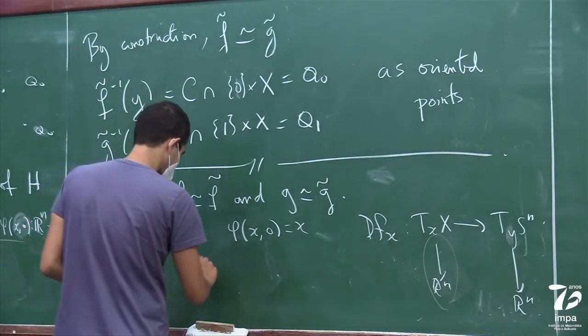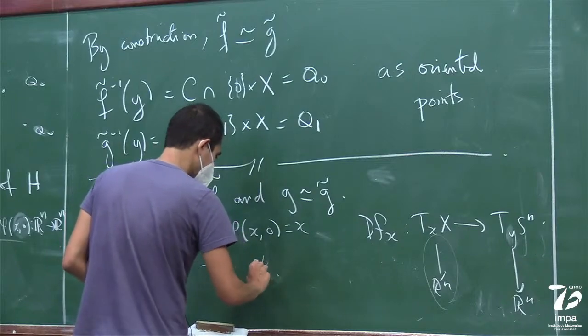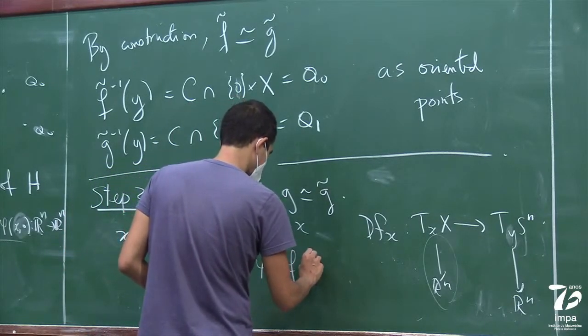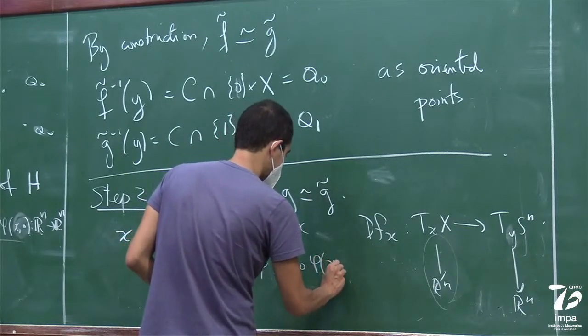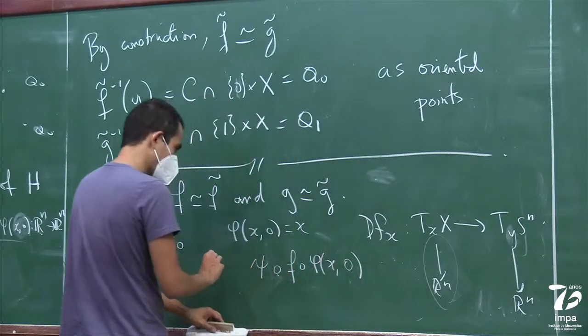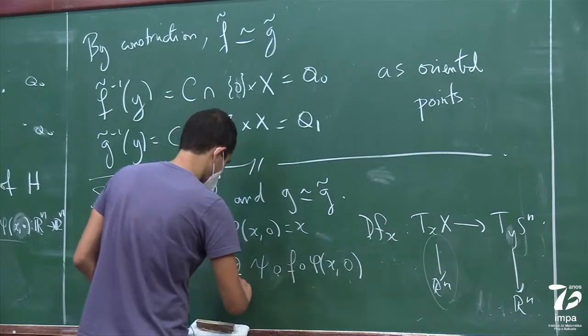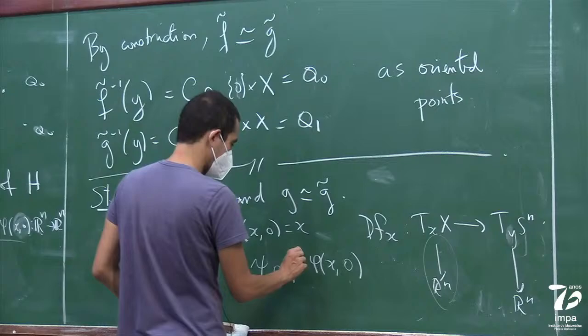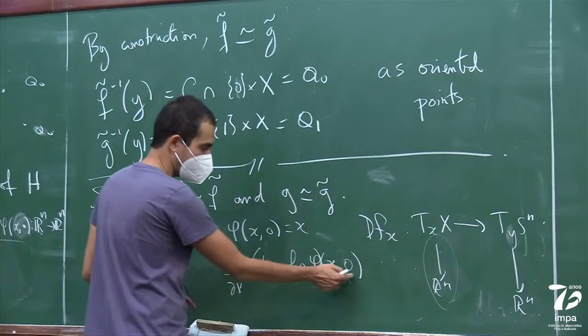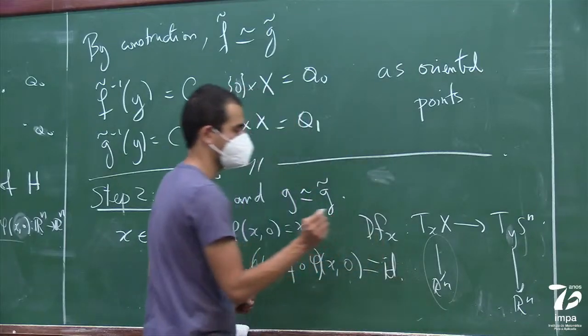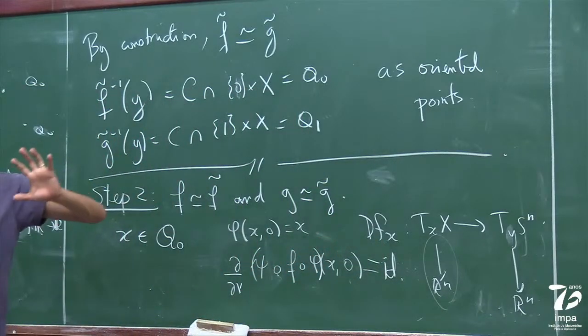So the condition that I want is that phi composed with f composed with phi of x0, the derivative of this with respect to v, the derivative of this map at the point x0, is the identity. Okay, let me say this one more time.